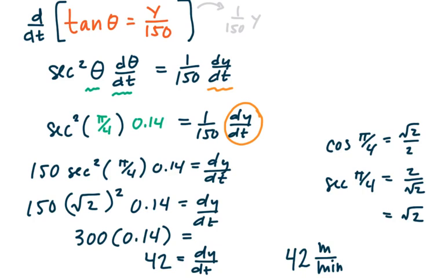And then you'll say to yourself, well, I know it is rising because it's positive. So it's rising at 42 meters per minute at that exact moment. When the rangefinder is looking at the balloon and it is at a 45-degree angle of elevation off the horizon, the balloon's rate of change vertically is 42 meters per minute.